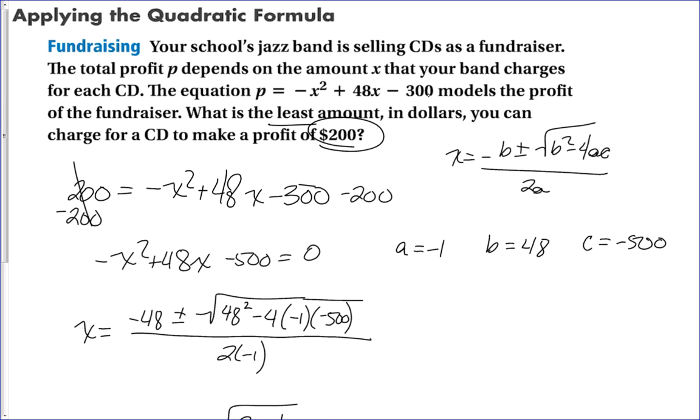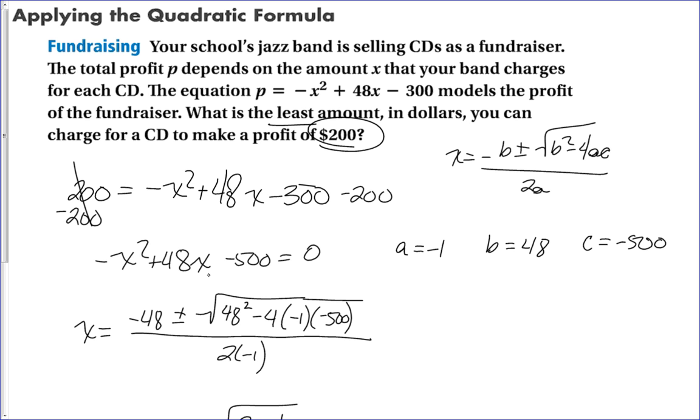You take the profit that you're looking for and set it equal to your equation, like we did here. Then we subtracted the profit across so that the whole function equals 0. After we subtracted across, the negative 300 went to negative 500, and the rest of it stayed the same. Then you simply identify a, b, and c.